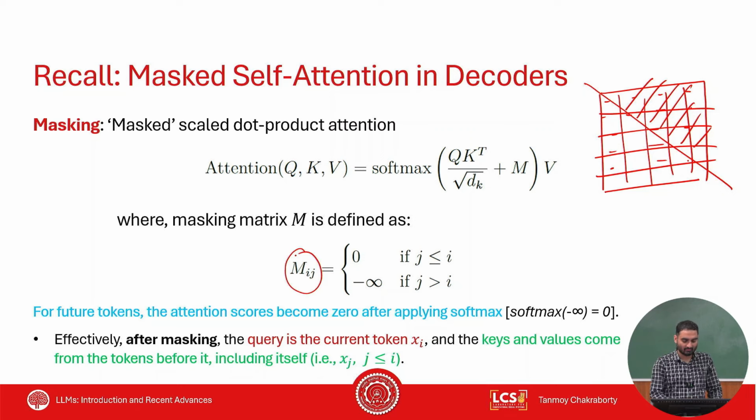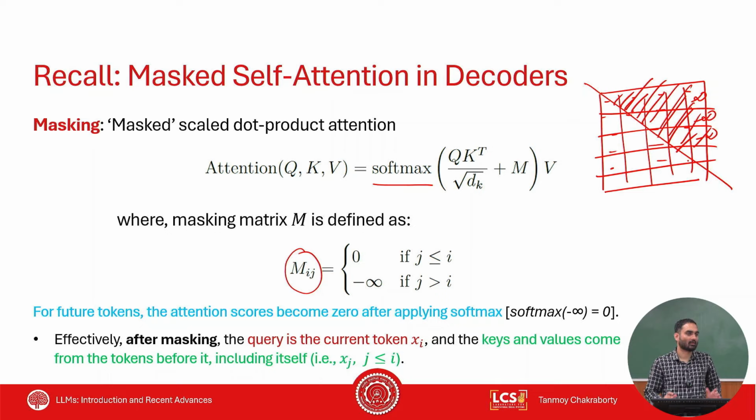We add a mask matrix called M, and those numbers which fall above the diagonal will be masked as minus infinity, because then when you take softmax, this minus infinity will lead to 0. This we already discussed: masked self-attention in decoders.